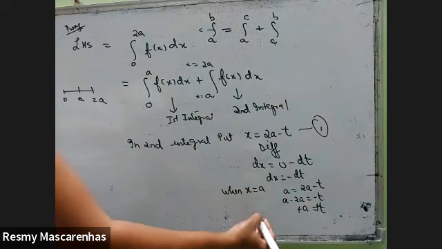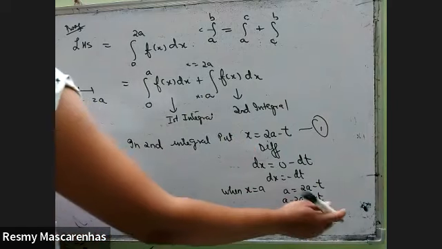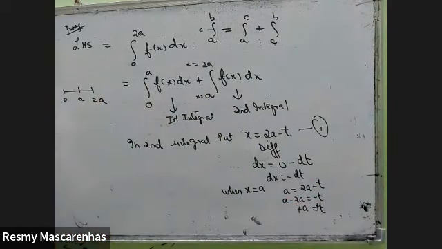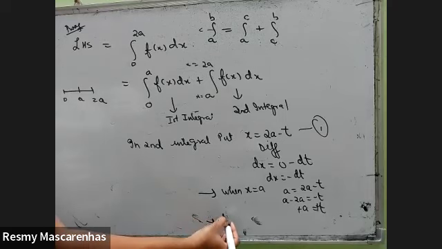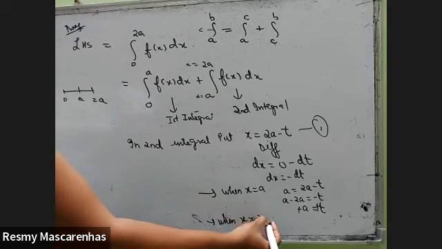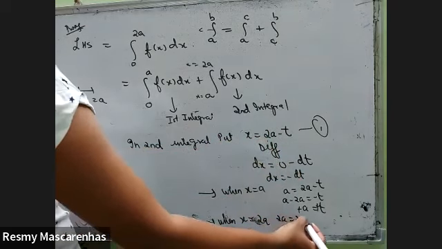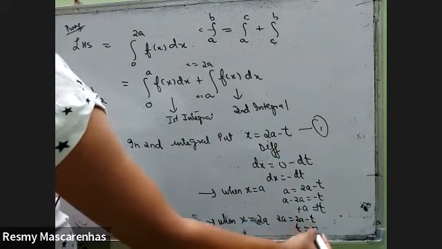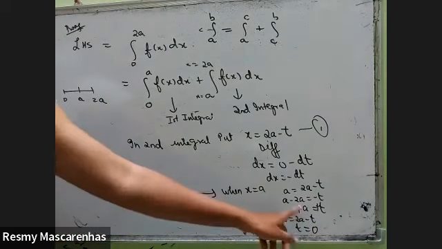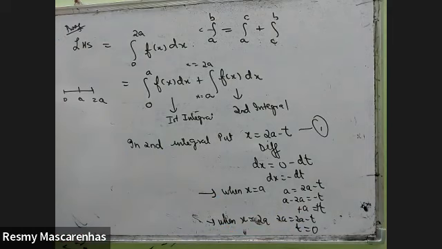So we know that when x is equal to a, t is also equal to a. Now we'll check when x is equal to 2a. In the main equation, put x as 2a and so we'll get t equal to 0. 2a minus 2a will give me 0. So when x is equal to 2a, t is 0.